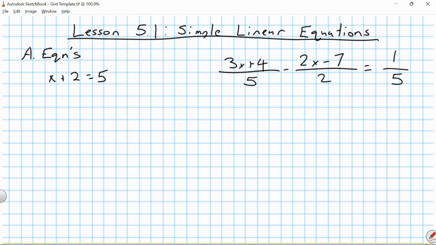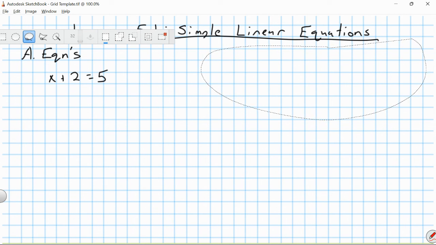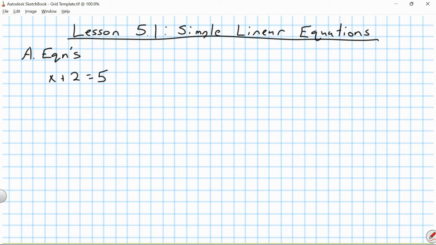Do you see my point here? We need a method that is more than just inspection. We're going to learn methods that are going to give us kind of an algorithm for solving these equations. And that's our goal, to find out what number I can replace the variable with to make this a true statement.